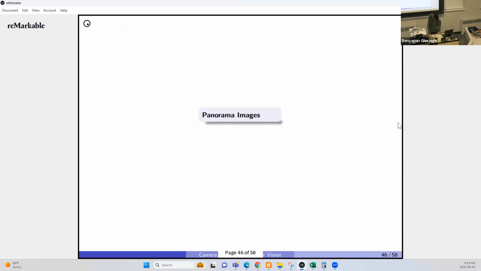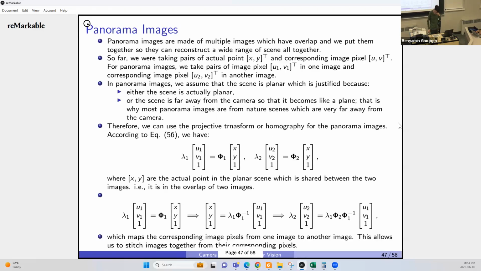Panorama images. Panorama images, what are they? Have you seen them? So you want to have a very big, long image of some scene, usually nature scenes.